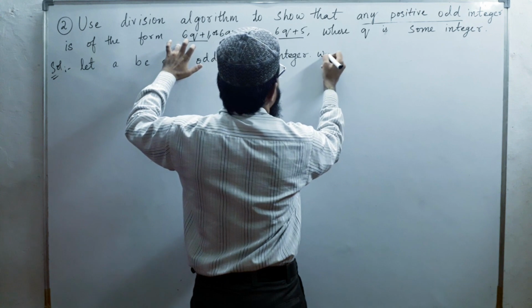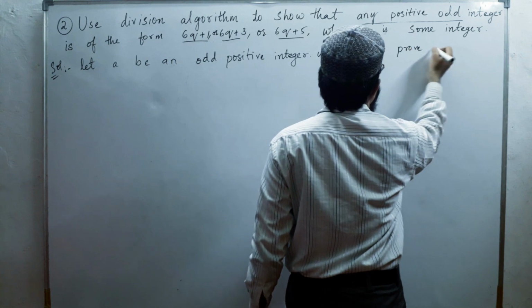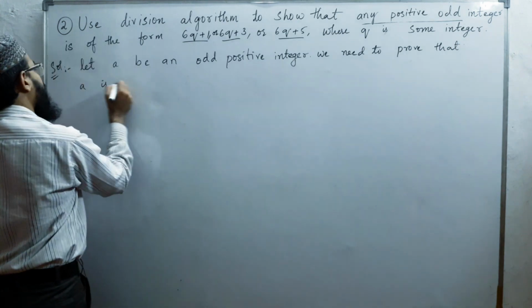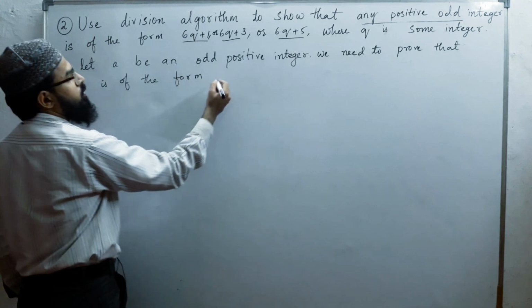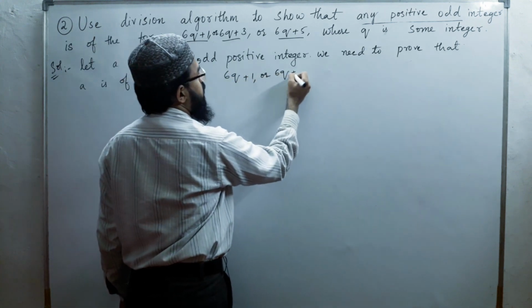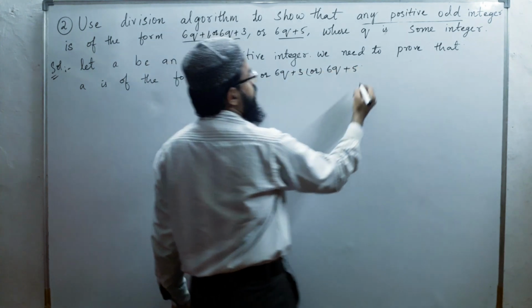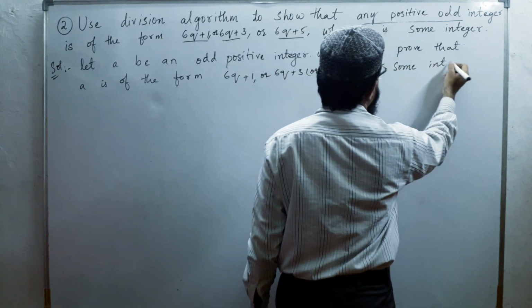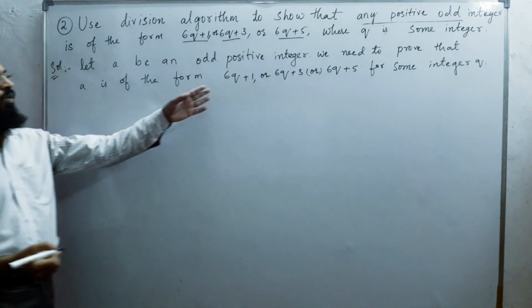We need to prove that a is of the form 6q plus 1 or 6q plus 3 or 6q plus 5 for some integer q. So this we have to prove.